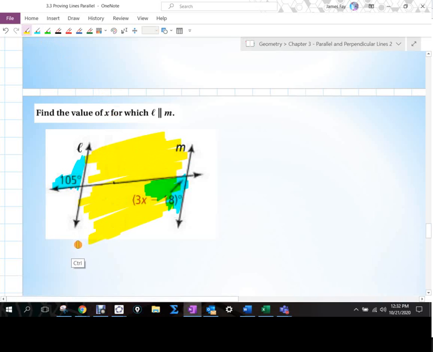Is one of them in the interior? Is one of them in the exterior? Okay, so that's an issue for us. We don't have a vocabulary word or definition that relates an interior angle to an exterior angle that are on alternate sides of a transversal. So there's no direct relationship here.